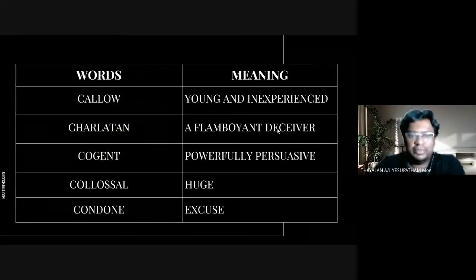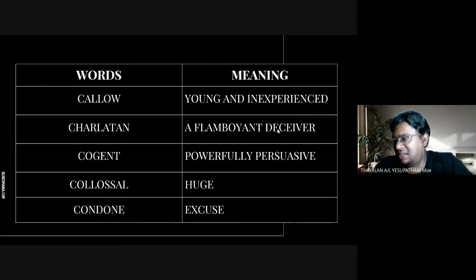Vocabulary, as usual. We have words and their meanings. Now, the first one, callow, young and inexperienced. Second one, a charlatan, a flamboyant deceiver, someone who can talk so much in a very deceiving manner, and people who listen to him, they'll be impressed by the way he talks and they'll be cheated.